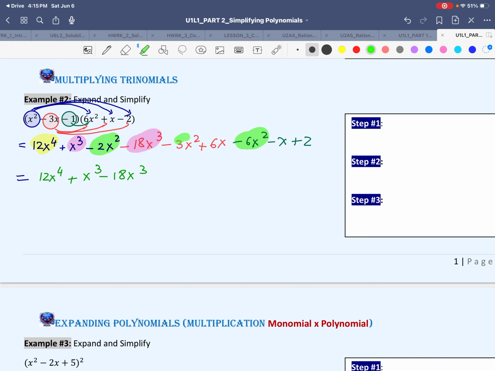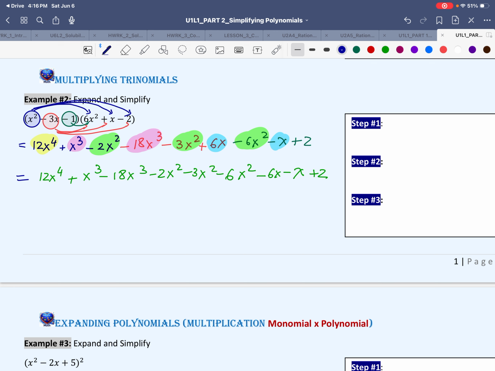So we have 3 x squared terms. So negative 2x squared, minus 3x squared, minus 6x squared. And lastly, we have x terms, negative 6x and negative 1x. And really lastly, we have the constant term, which is the number 2 at the end.